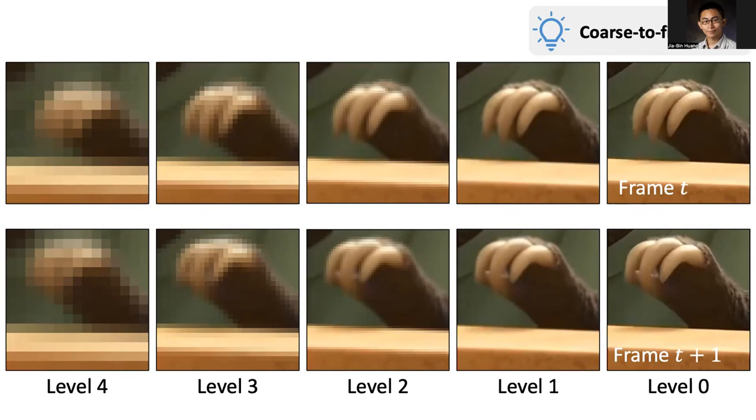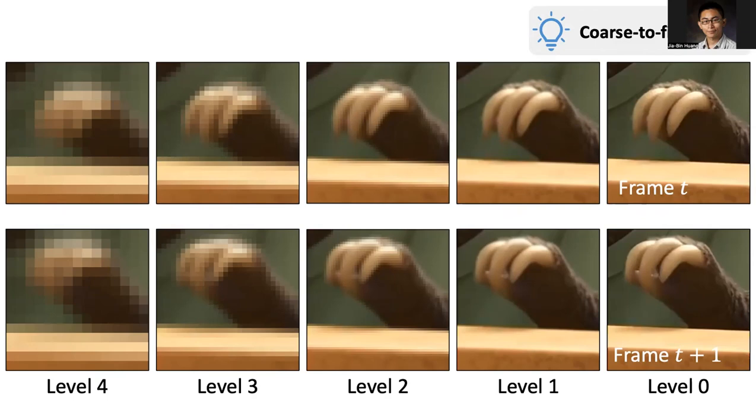So instead of trying to find the actual motion in the original resolution, you first downsample so that they are tiny images. Any large motion in the high resolution image becomes tiny motion in the low resolution image. That is basically coarse to fine estimation.